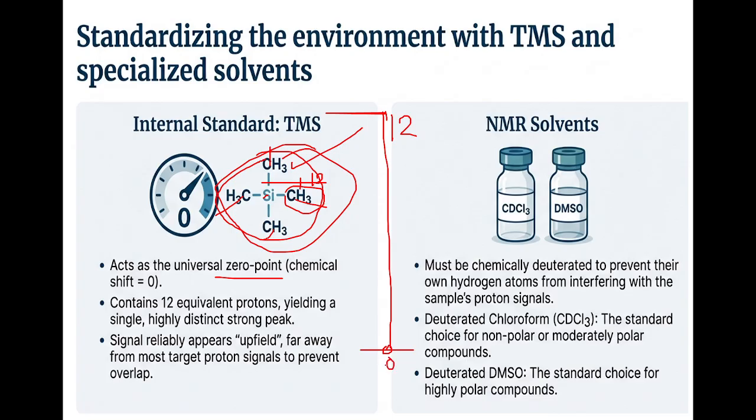It's not exactly 0, but we just call it 0 as a reference. We start from there. So usually when we do proton NMR, we add TMS into our sample as an internal standard. We get the TMS signal, and it's like a lighthouse. It will guide us to the rest of them.